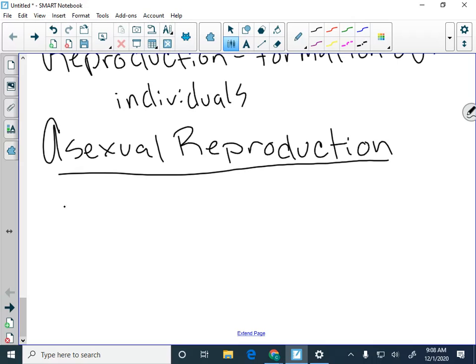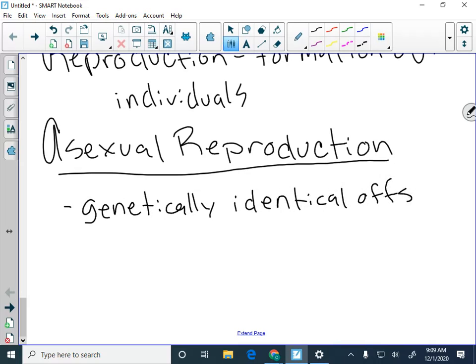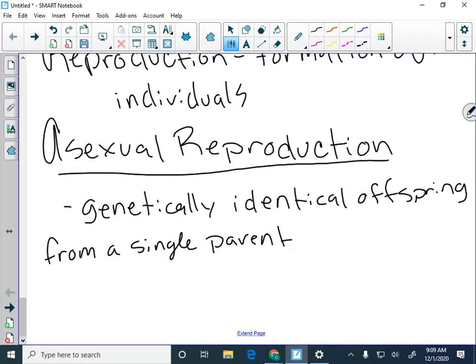So, genetically identical offspring from a single parent. So A as a prefix means without. So this is reproduction without sex.